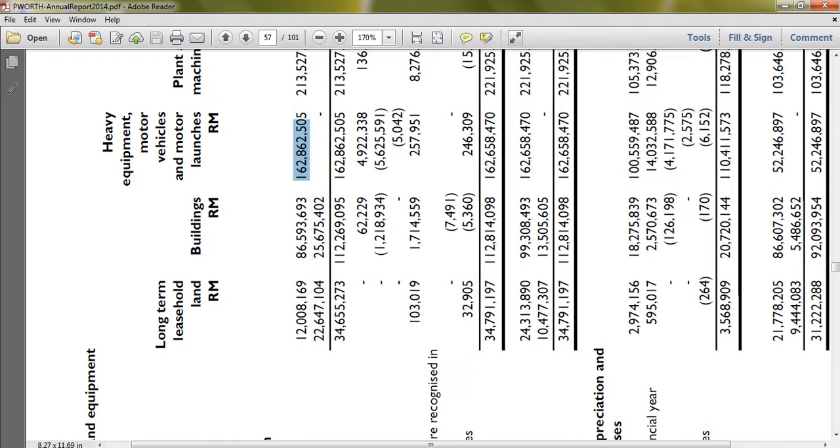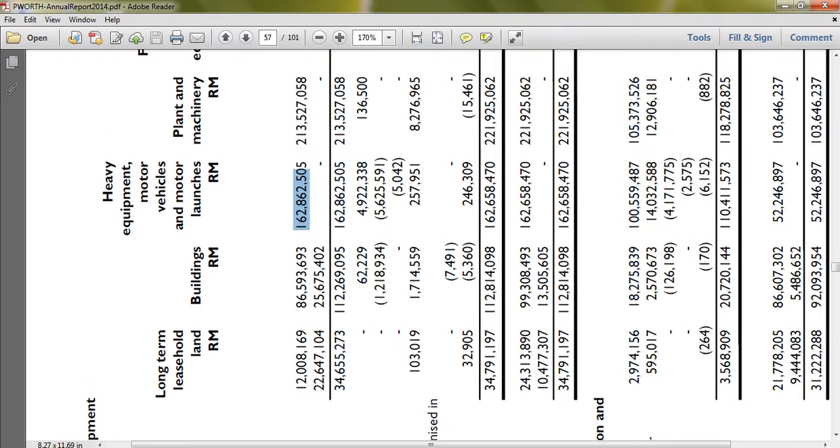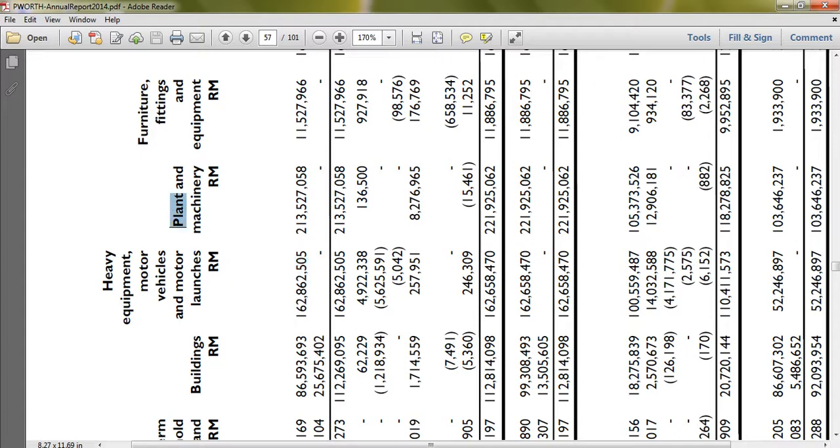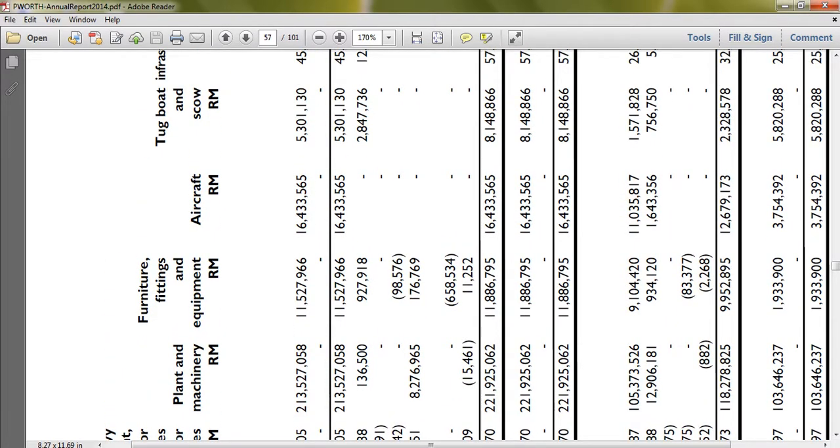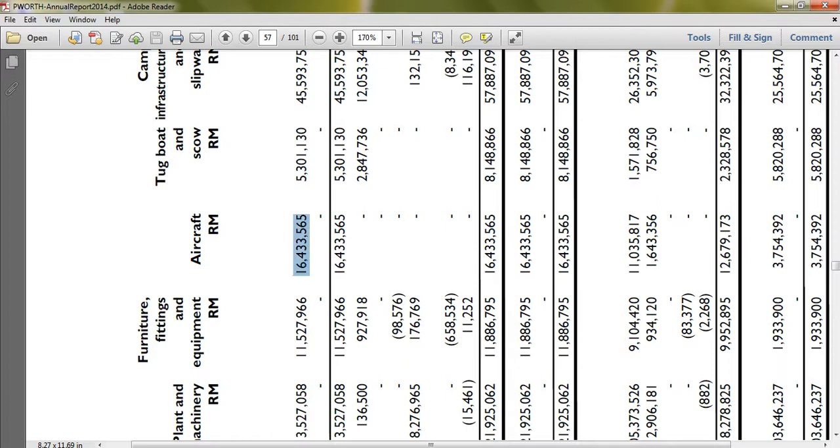So the equipment is this much, 162 millions, followed by, sorry, the plant and machinery. This one is also equipment, aircraft as well. Oh man, there is aircraft.